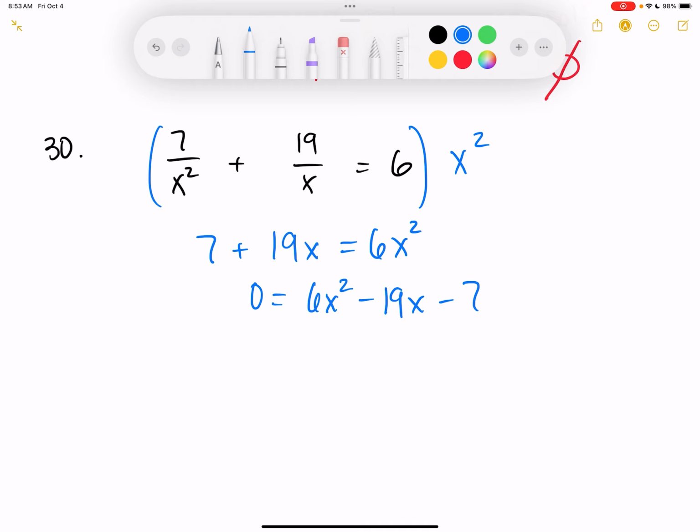So first and foremost, I want to see if I can factor this. We obviously know that we can't always factor, but I need factors of negative 42 that add together to give me a negative 19.